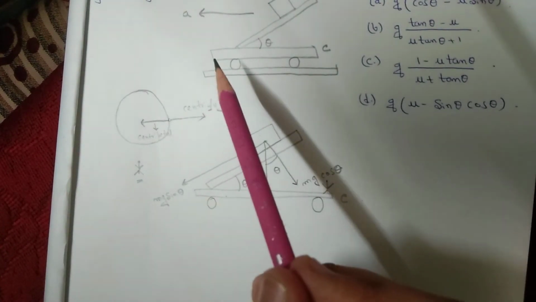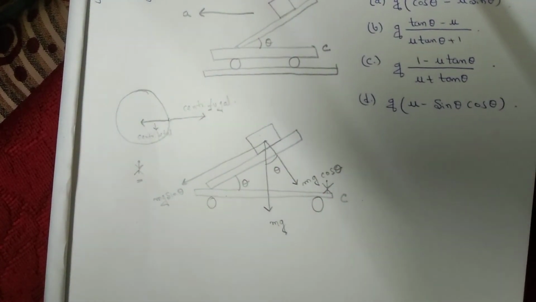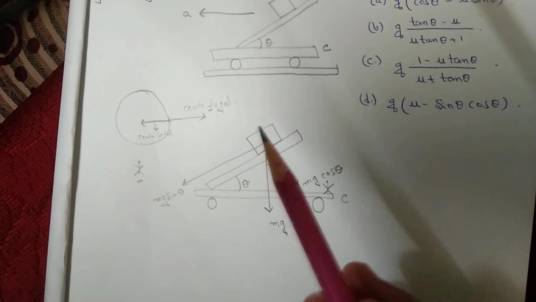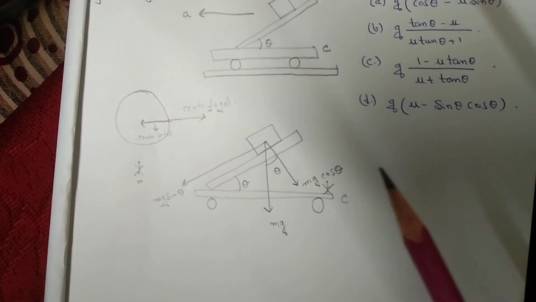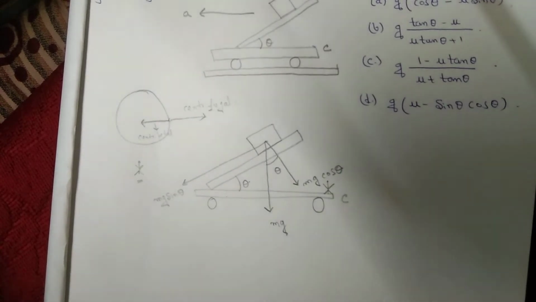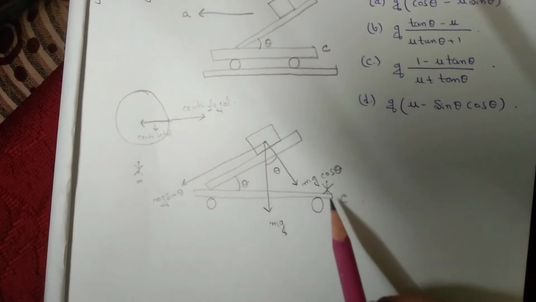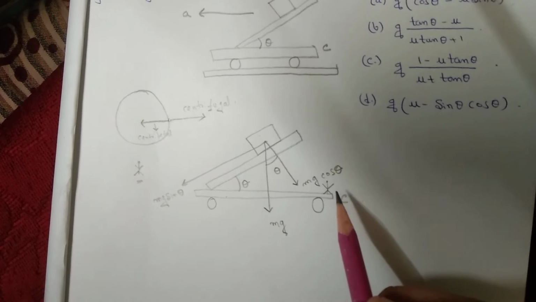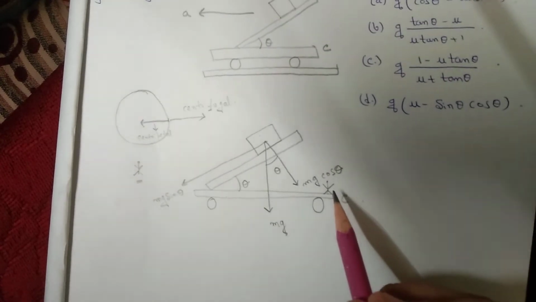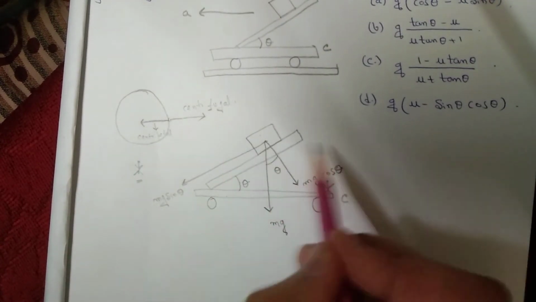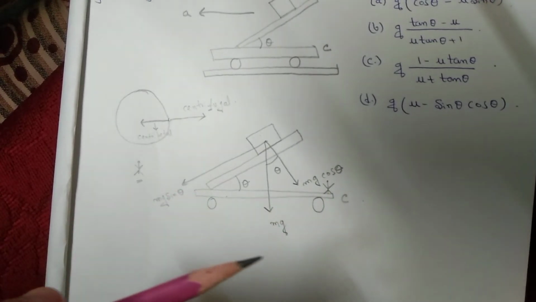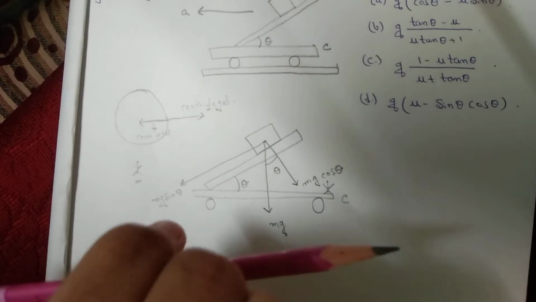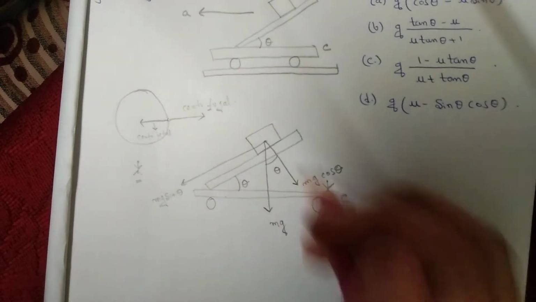Similarly, you can see that in the question, it is given that the acceleration is on this side, and it is for a person who is seeing this from an inertial frame of reference. If you put that person or yourself, you may imagine, on C, that is in a non-inertial frame of reference, obviously you will see a force acting on this side, that is towards the right.